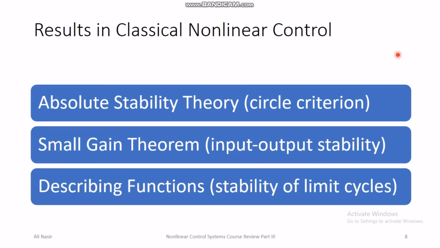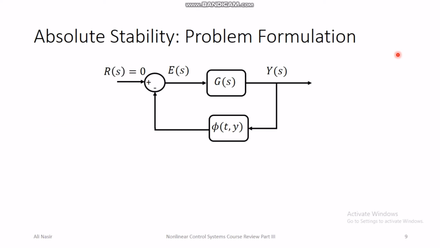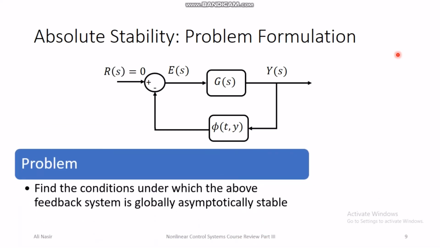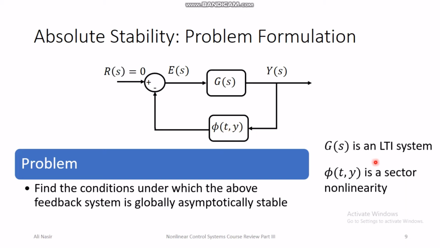So the absolute stability problem is something like this. We are trying to stabilize this LTI system which has a nonlinearity in its feedback, but the special thing about this nonlinearity is that it is a sector nonlinearity.